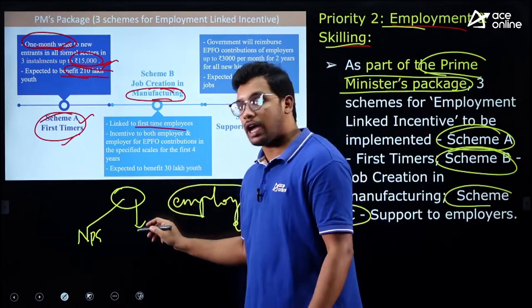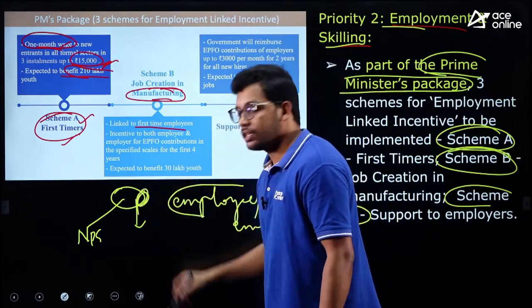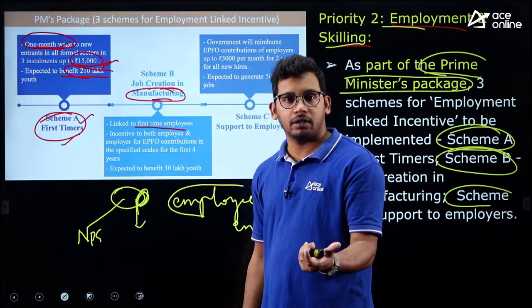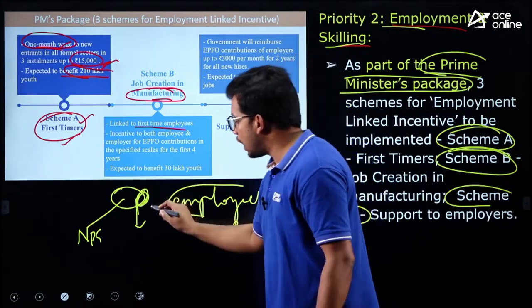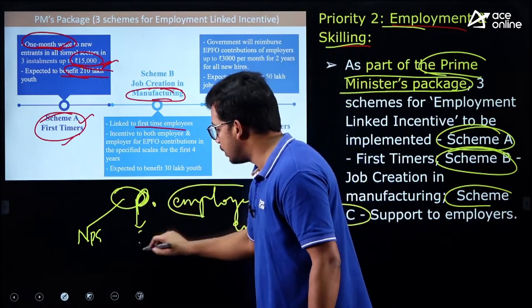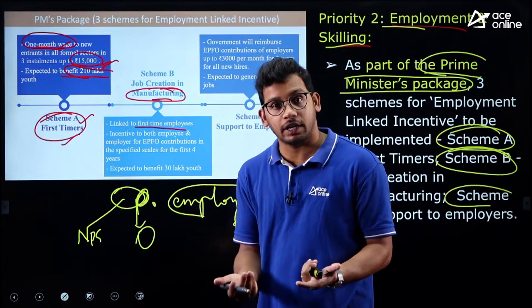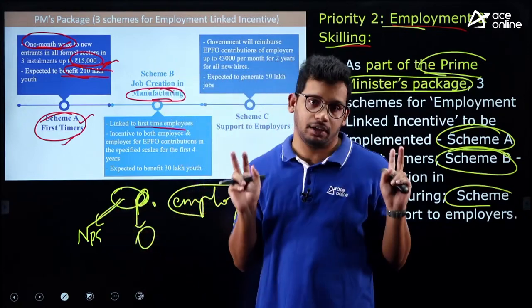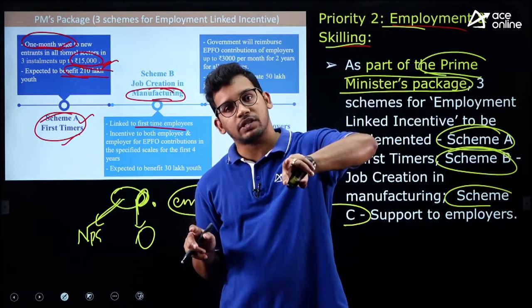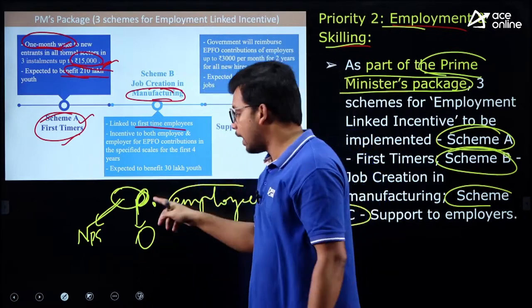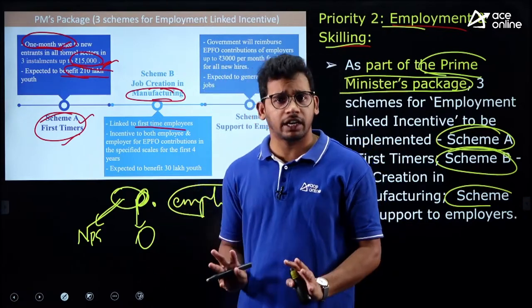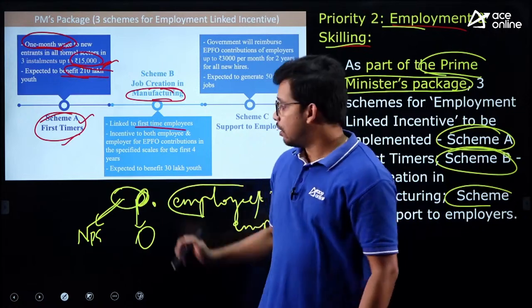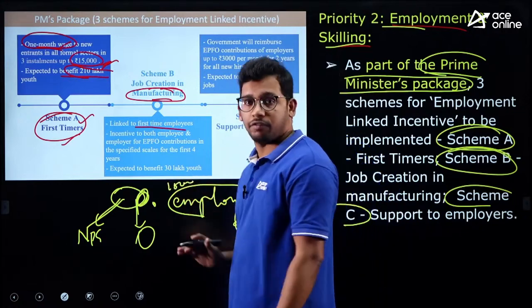Certain funds also have to be given by the employer, whoever is recruiting. They have to keep certain funds aside for your pension in the future after retirement. Also certain funds will be deducted from your salary, right? So they deduct from your salary as well as take from the employer. This is mandatory in India for the organized sector for those whose salary is less than 15,000.